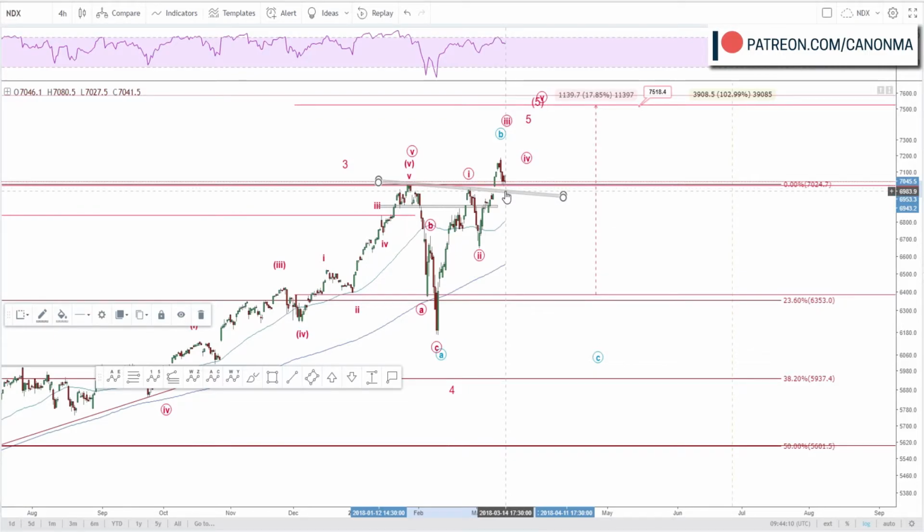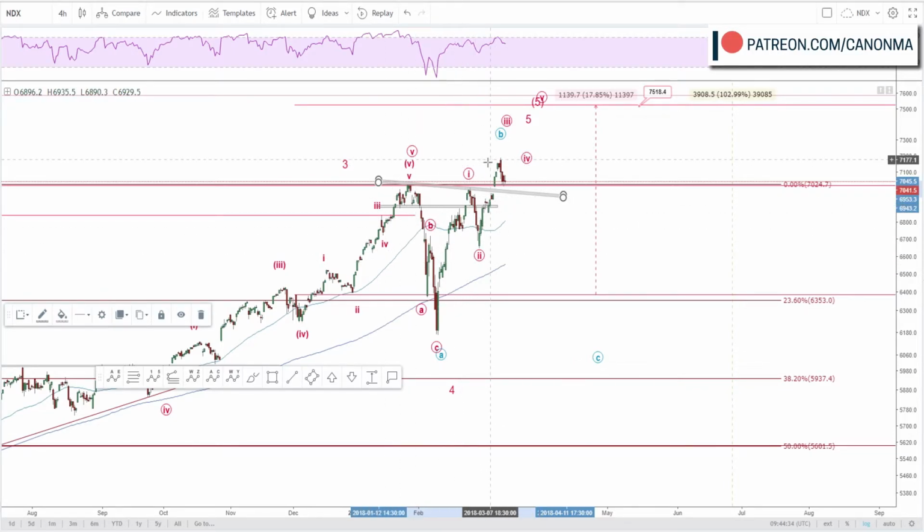Yeah, I'd be very inclined to get heavy short this if we were to start to break down past, say, 69, 70. This would look very much to me like a false breakout here for the NASDAQ 100. And yeah, any failure here would look very bearish on the short run.